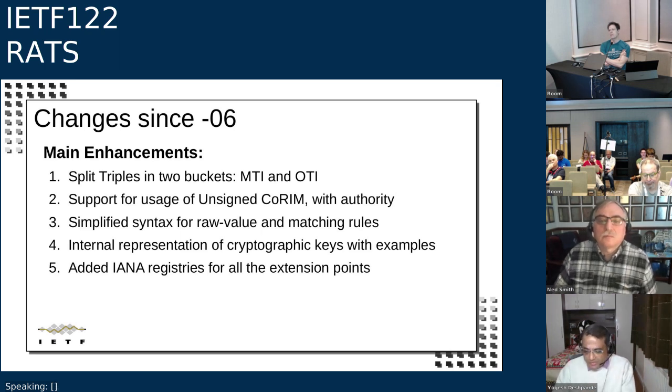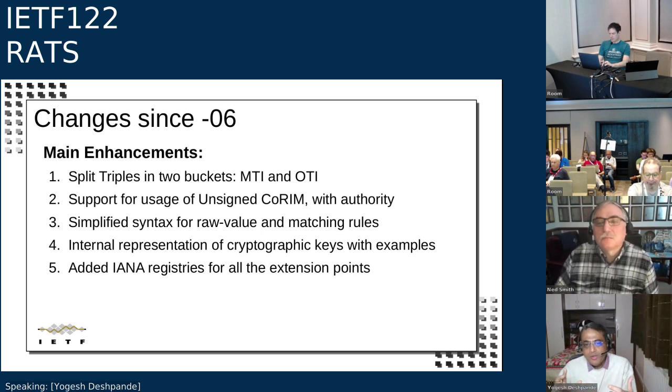I'm going to summarize in a few slides the main enhancements which add additional information or value to the document. We have a bunch of triples, around 8 or 9 triples, so we thought of splitting them into two buckets, MTI and OTI, mandatory to implement and optional to implement. I will discuss that in the subsequent slide: what they are and what they mean. Then we have a use case where somebody would ship the unsigned CoRIM itself as part of a wider context or a wider container. I will talk about that. In addition, we have tidied up the raw value representation in the CoRIM draft, and for that, we have added the matching rules: if a raw value of the new format is specified, how do you do the matching?